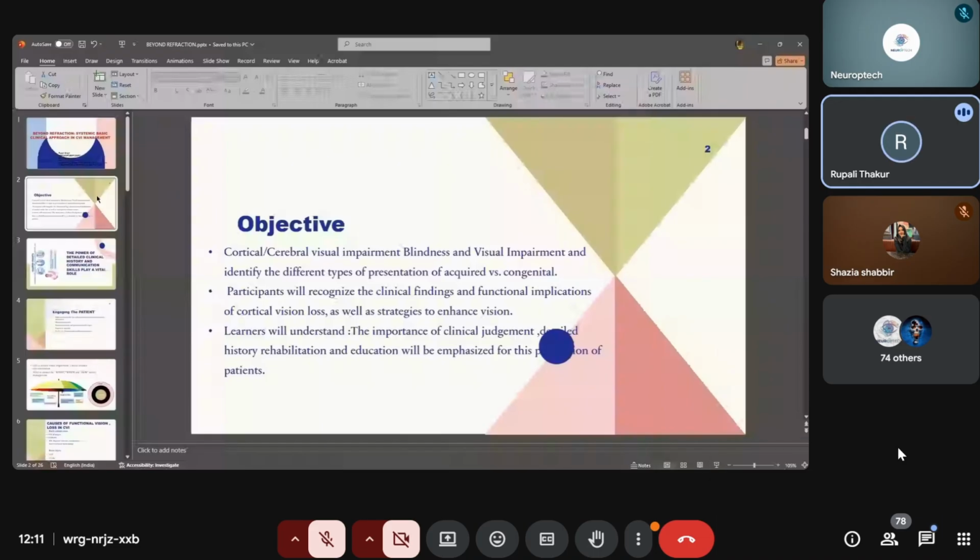First of all, we need to understand whether it is acquired or congenital, whether it is present by the time of birth or acquired due to some secondary complications or disease. Does it matter whether you require any special certification to deal with a CVI child?